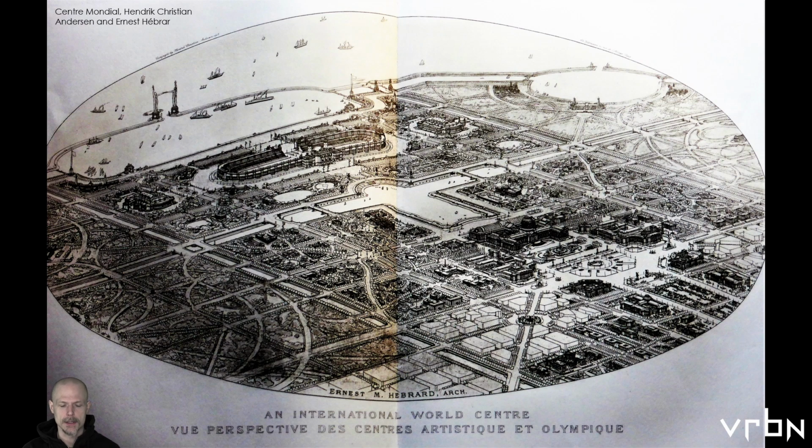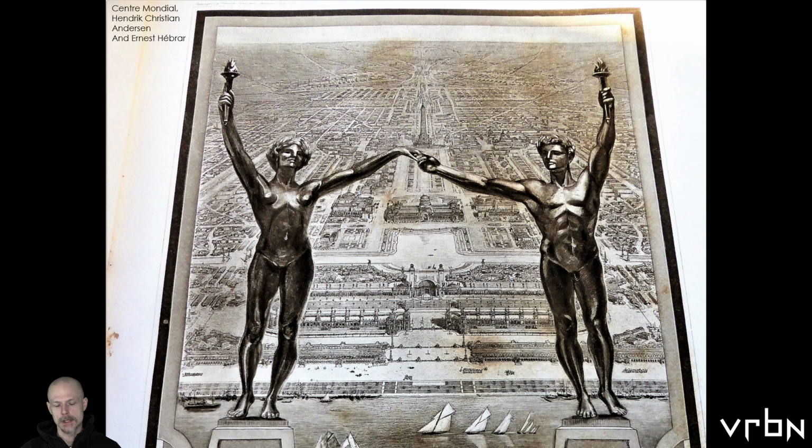One of the books that Uli, the head of the Ideal Spaces Working Group, showed me is this absolutely mind-blowing example of the Centre Mondial. It is a big book with sketches after sketches after sketches of this ideal world that obviously never was built. You see that it's an ideal city, so it has symmetries and it's built in this Baroque style. So it would be absolutely impossible to finance a project like this in the real world.